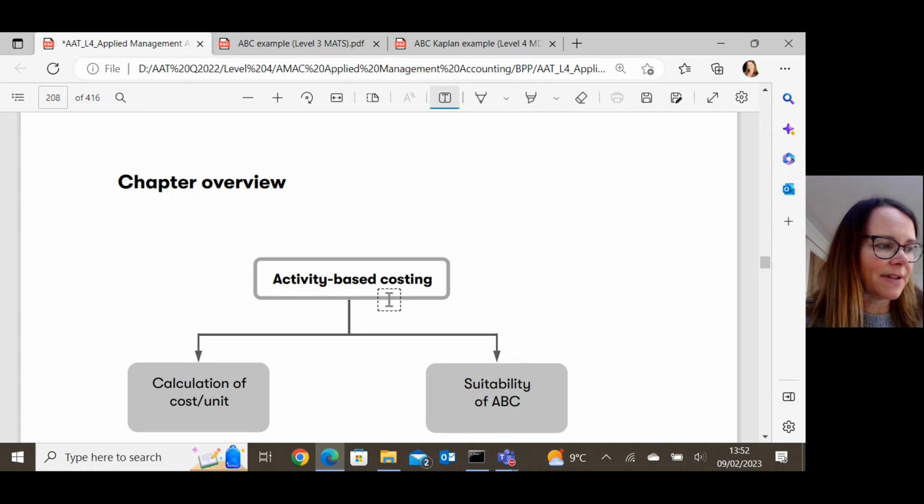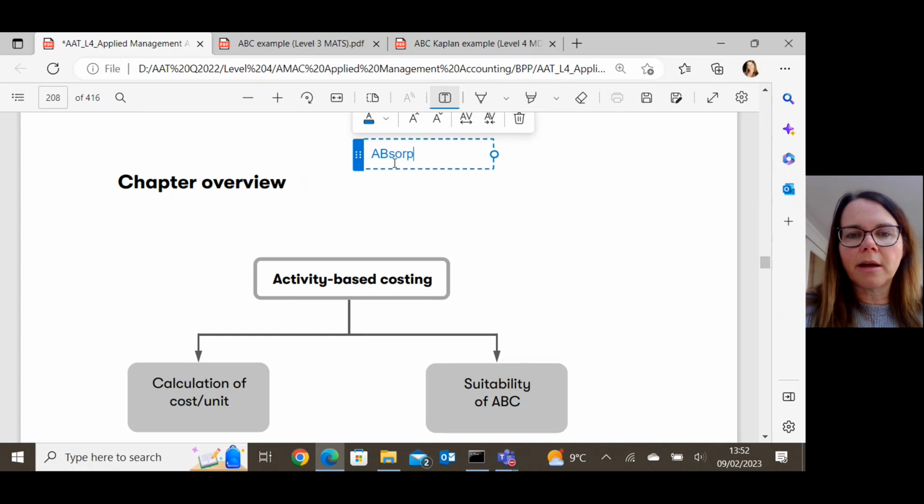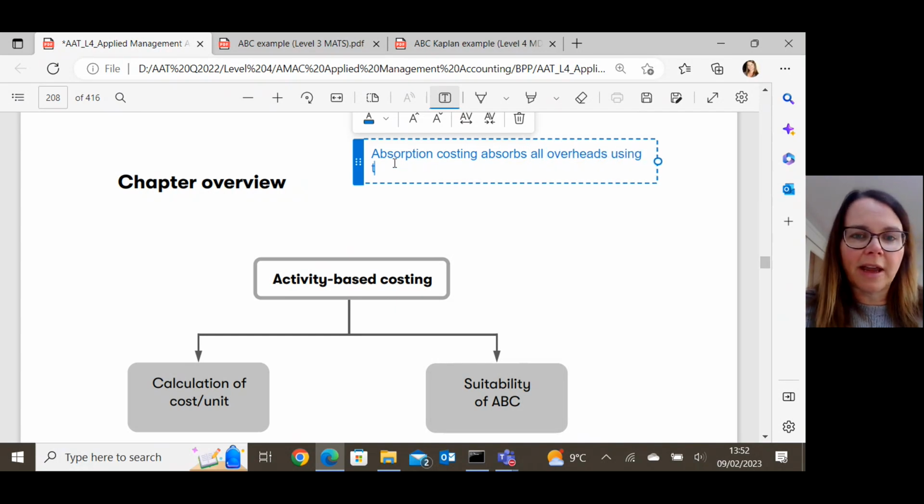So we're dealing with activity-based costing. We need to be clear that activity-based costing is basically a more sophisticated version of absorption costing. Absorption costing absorbs all overheads using the same overhead absorption rate.